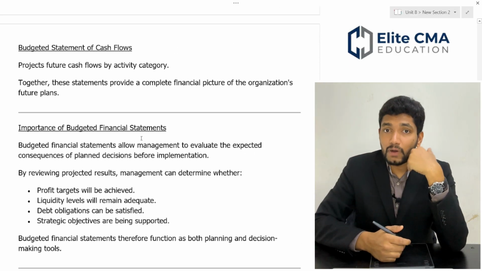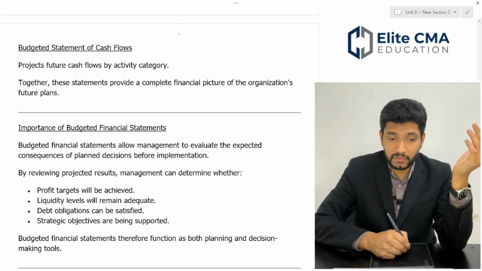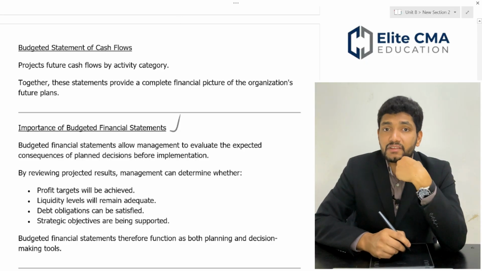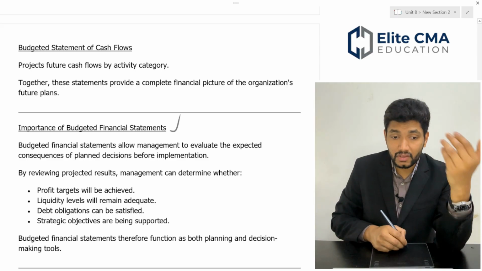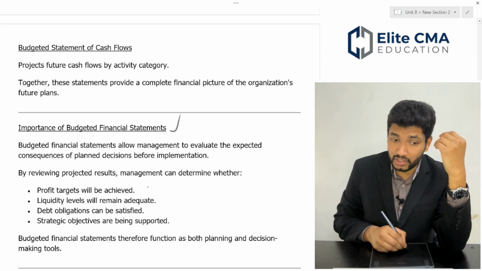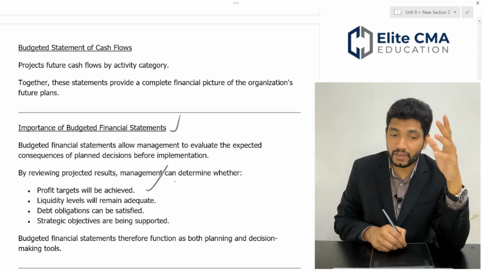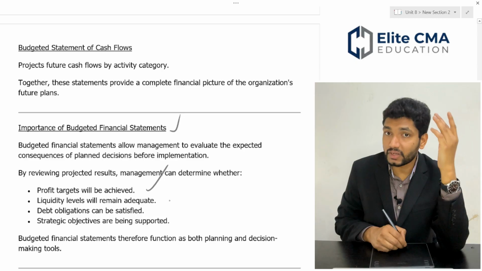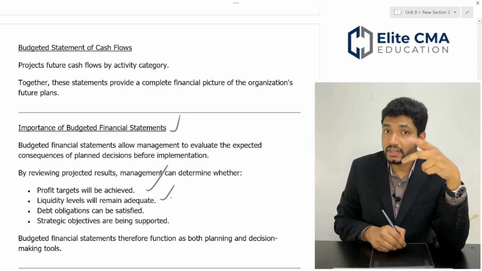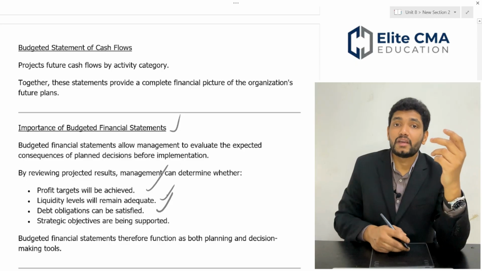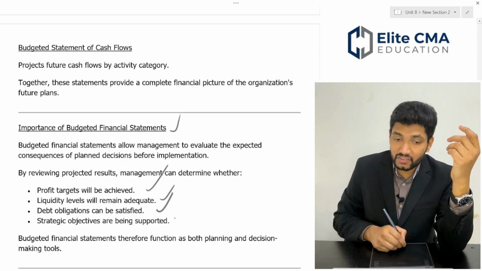Now, what is the importance of the budgeted financial statement? Budgeted financial statements help companies to see whether the profit targets are achieved, the liquidity levels will remain adequate, the debt obligations can be satisfied, and strategic objectives are being supported.